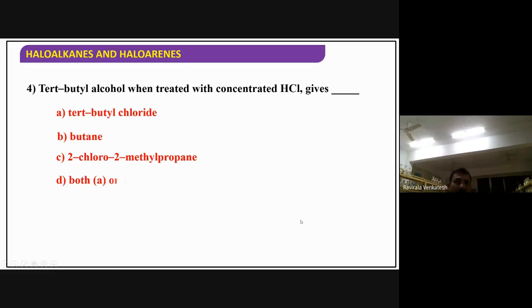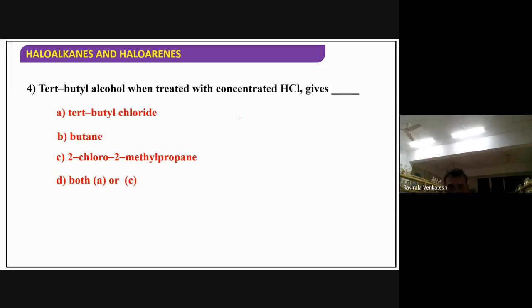Now tell me the answer for this one. Tertiary butyl alcohol when treated with concentrated HCl gives what product? First of all, you write the reaction, all of you. Yesterday only I told you, compulsory, you have to remember this tertiary, secondary, because you have to make the structure. How to make tertiary butyl alcohol?